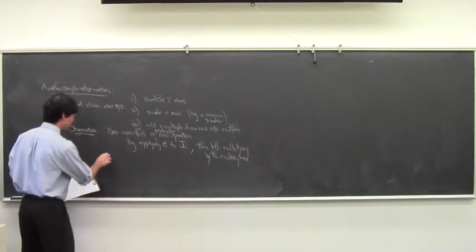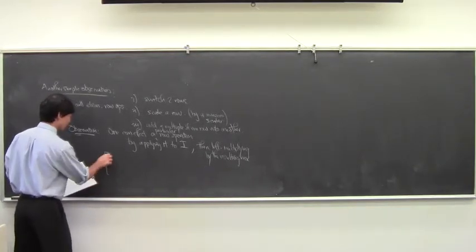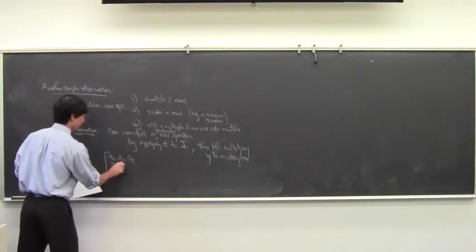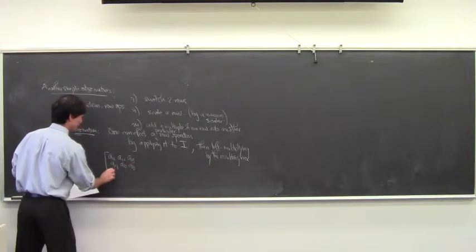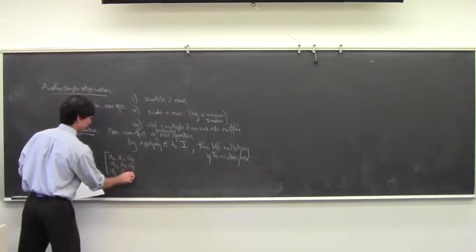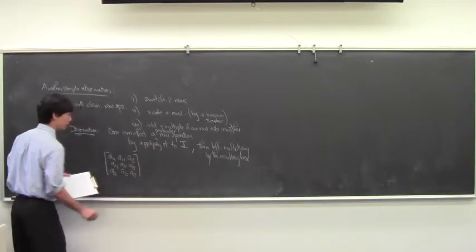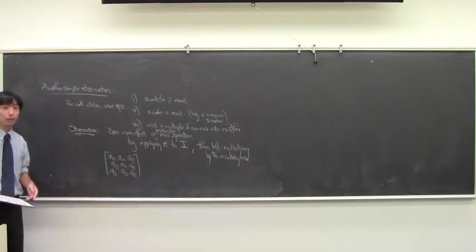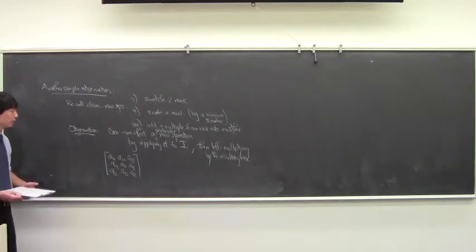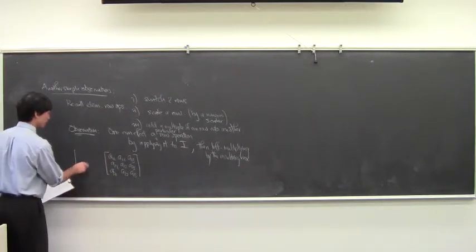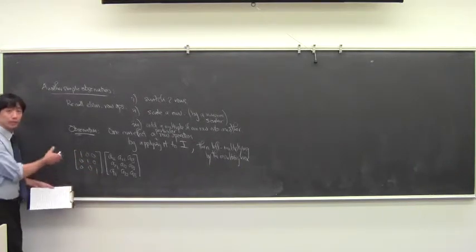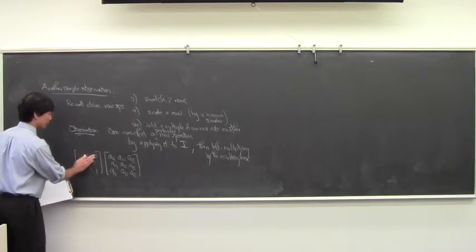So for example, if I have this matrix A11, A12, A13, A21, A22, A23, A31, A32, A33, and I want to switch the first and third rows on it by using a matrix, what I do is take the identity matrix and switch the first and third rows of the identity matrix.